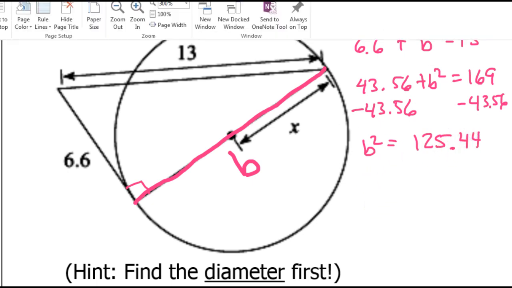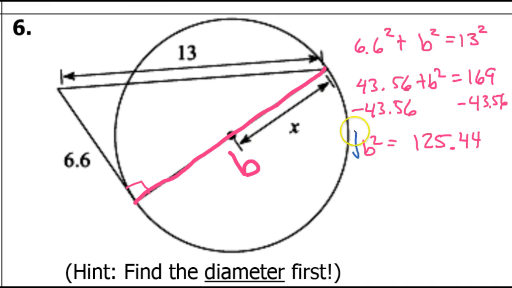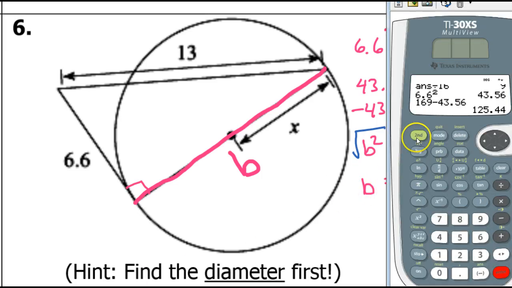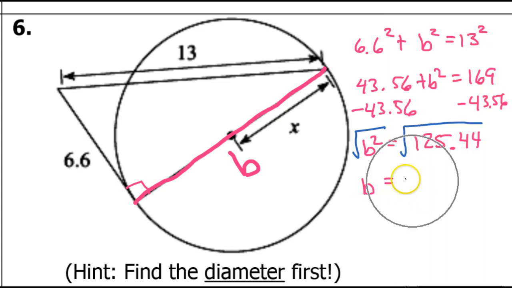And then to get b by itself, we need to take the square root of both sides. So 11.2. Okay, 11.2. So that's the length of this entire red line.